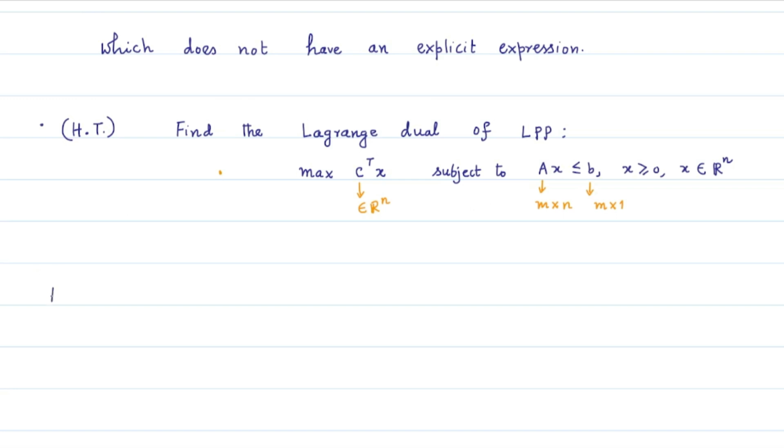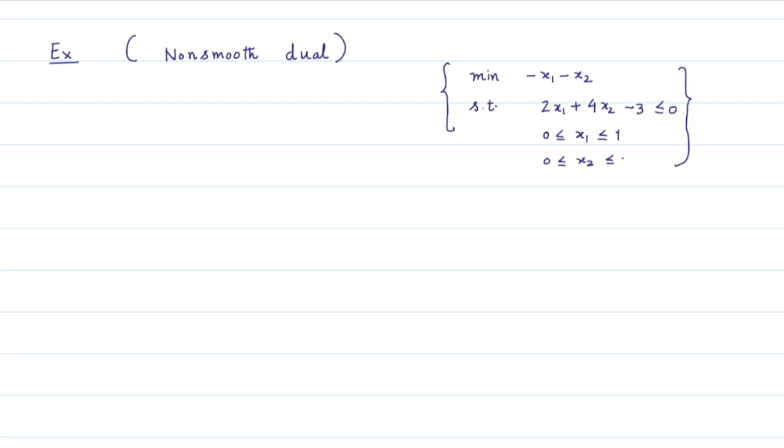Now let me go for the next example. I am going to give an example of a non-smooth dual objective function. Towards such an example, consider this primal problem and take the set capital X to be the set of all points (x1, x2) in R2 such that x1 is lying between 0 and 1 and x2 is lying between 0 and 2.